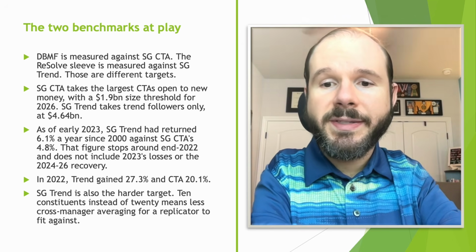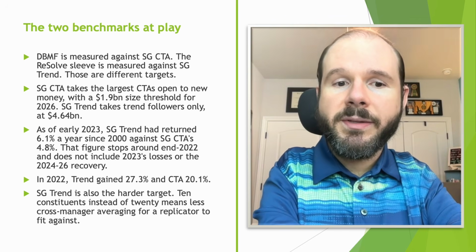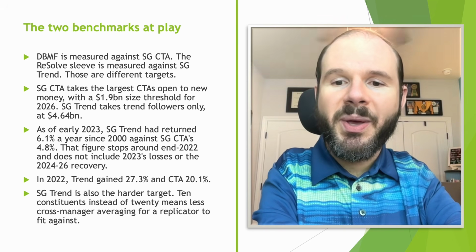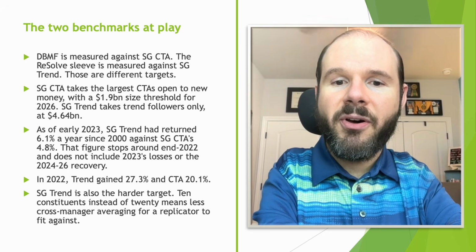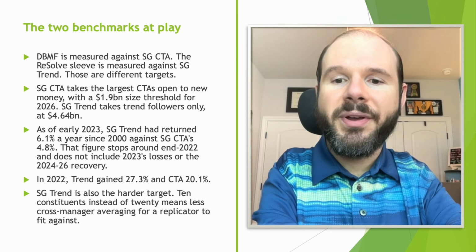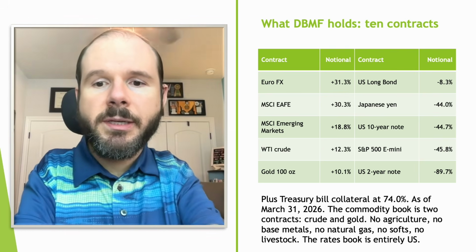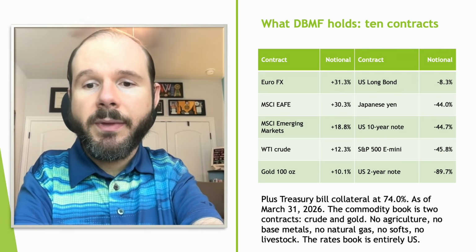And because it only has 10 constituents, that means that there's less cross-manager averaging for a replicator to fit against. So the folks over at Return Stacked have actually bitten off a harder chunk to chew when it comes to this replication method.